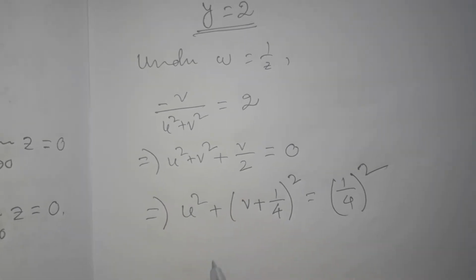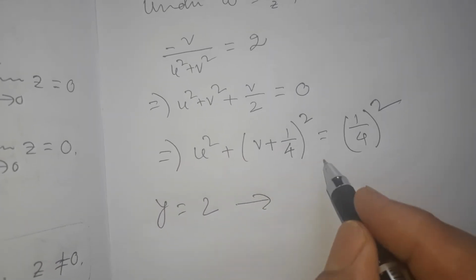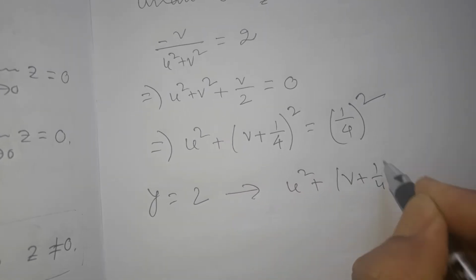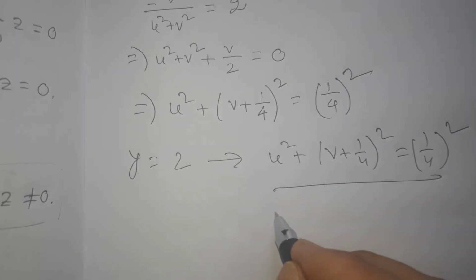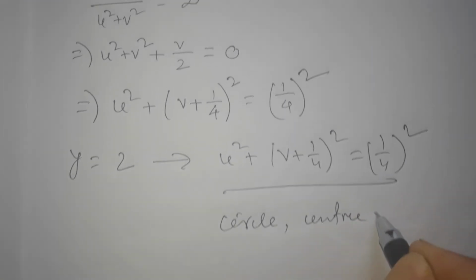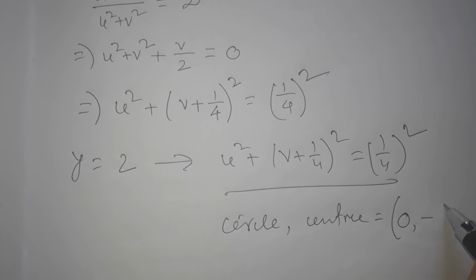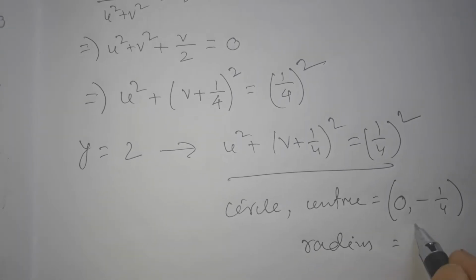So y equal to 2 is transformed to u square plus (v plus 1 by 4) squared equal to (1 by 4) squared. And this is a circle. What is the center? Your center is 0 and the v coordinate is minus 1 by 4. And what is the radius? Your radius is 1 by 4.